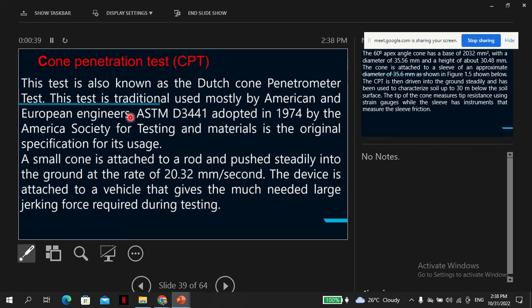This is described in the ASTM adopted in 1974. A small cone is attached to a rod pushed steadily through the ground at a rate of 20.32 millimeters per second. The device is attached to a vehicle that gives it a much needed large jerking force required in testing.